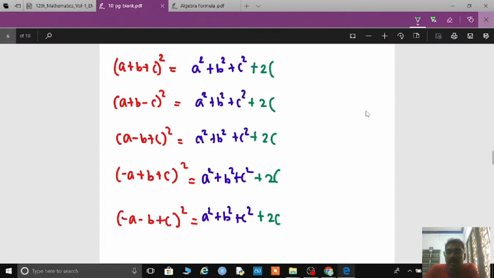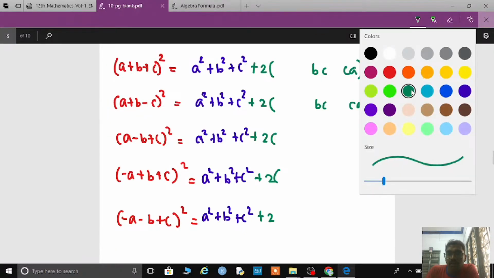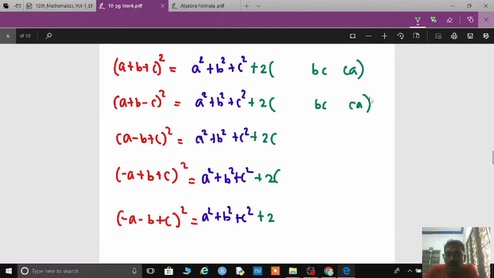Just replace them as ab, bc, ca. I want to leave a gap before ab, because if the value of a becomes negative in any formula, I want to place the sign there.